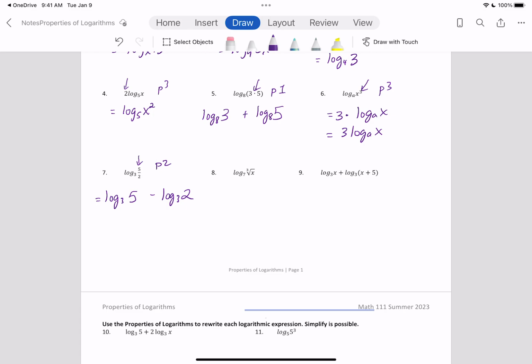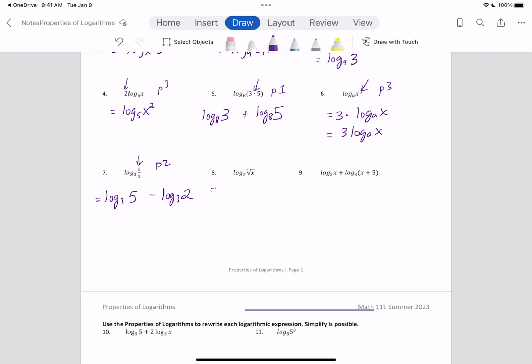Now, number 8, this one is a little trickier than the ones we've been looking at so far. You see that cube root of x. Well, that's not a product or a quotient, and in its current form, it's not a power.